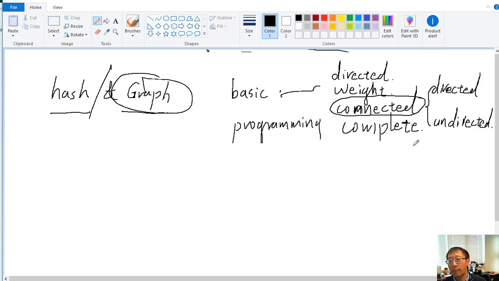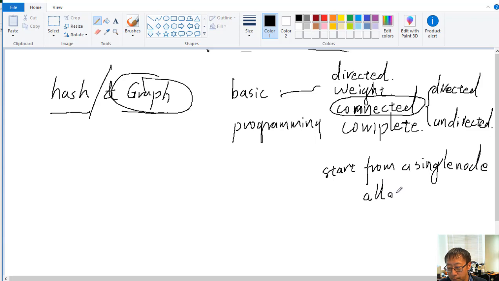So if you can go from A to B, you can go from B to A. And then we have a good property, which basically means to decide connected, we only need to see whether or not we can start from a single node and it can reach all other nodes.